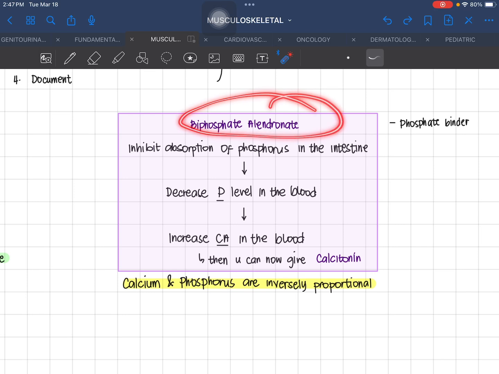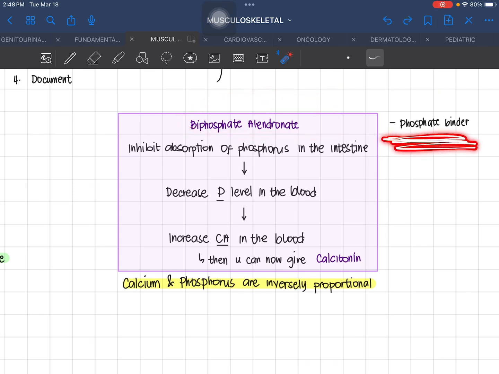So, biphosphonate alendronate is a phosphate binder. So, tatandaan natin na calcium and phosphorus are inversely proportional. So, this drug inhibits the absorption of phosphorus in the intestine. Dahil nga ini-inhibit niya yung absorption dun sa intestine, decrease yung phosphorus sa blood.